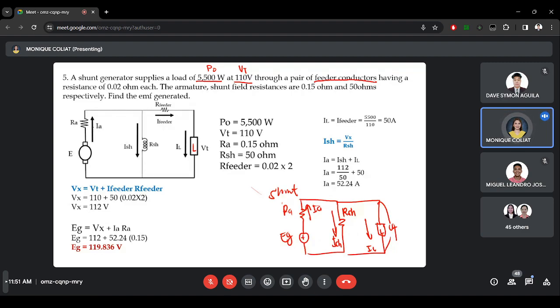So parang ganun lang din talaga siya. Okay? So, we have PO, VT, RA, RSH, and then yung feeder, sabi ay pair. And 0.02 ohm each. That's why it's times 2. So, 0.02 times 2 is 0.04 ohms. Okay, so that is your RF or feeder resistance.